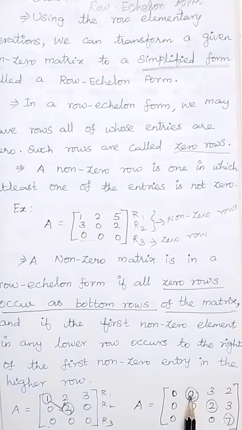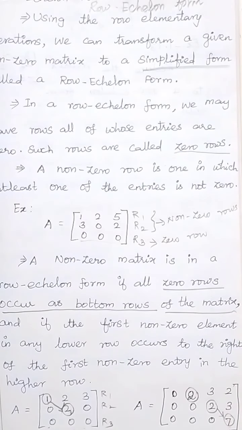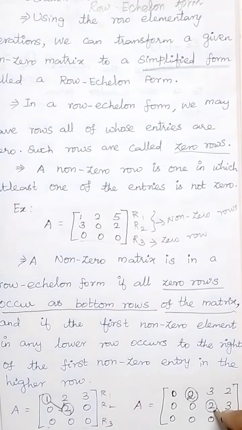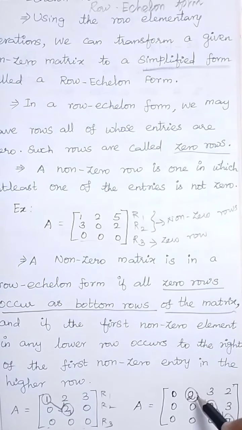Our first row non-zero entry occurs in the second column. So this 7 occurs to the right side of the second row non-zero entry, right? Then next you check whether the second row non-zero entry also occurs to the right side of the first row non-zero entry. Therefore, it is also a row echelon form.